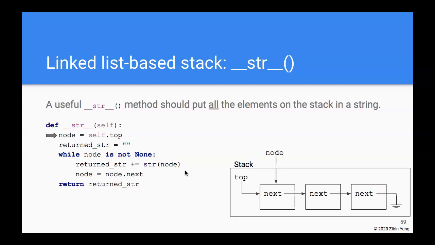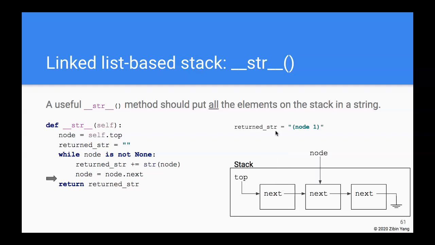And so let's step through this. While node is not None, obviously node is pointing to the top. It's not None yet, so the condition is true. We get into the loop, and I'm going to concatenate whatever the string representation for the current node is into the return string.